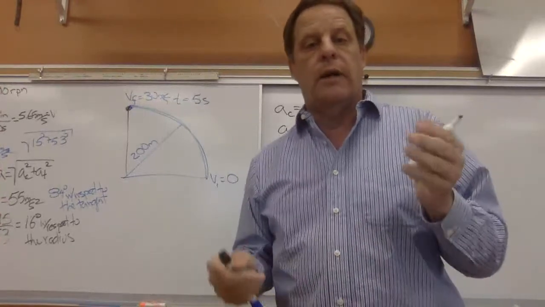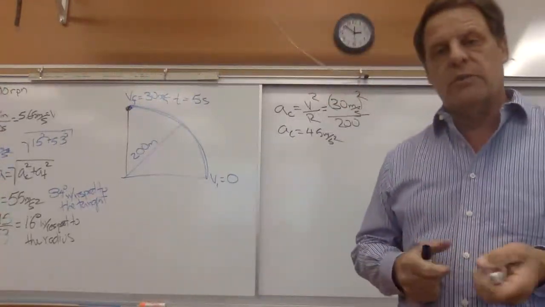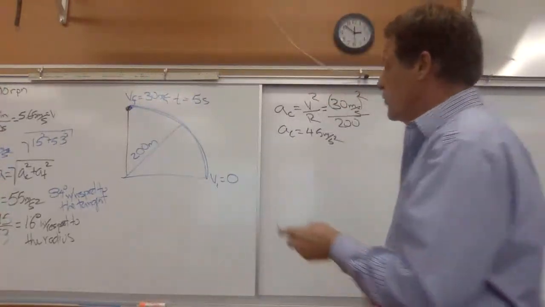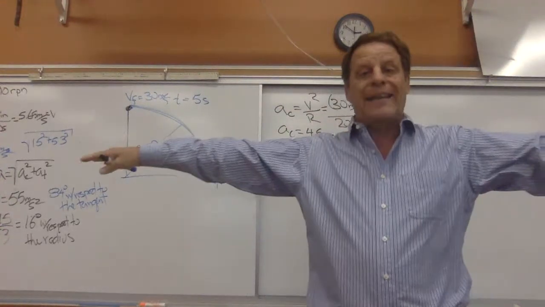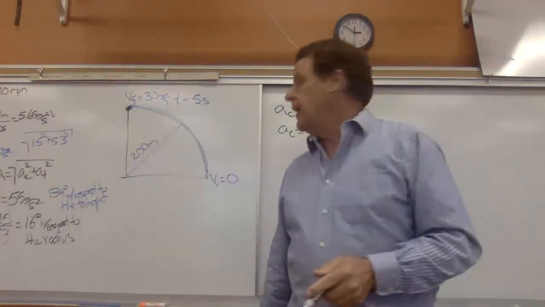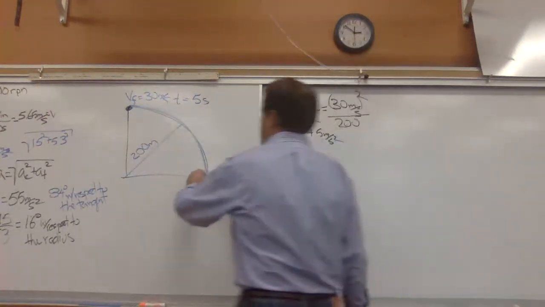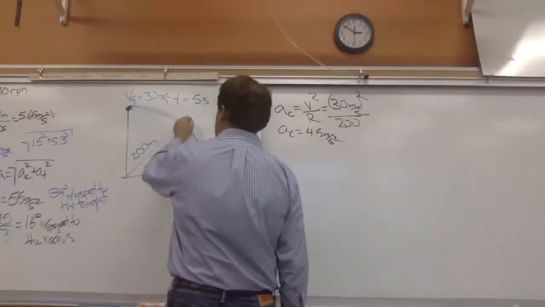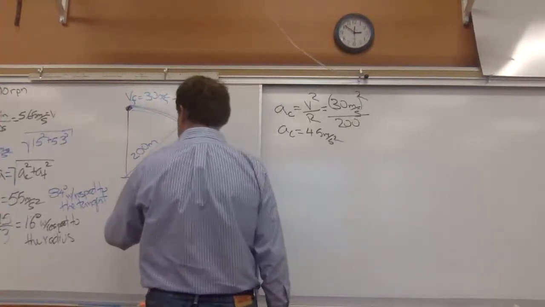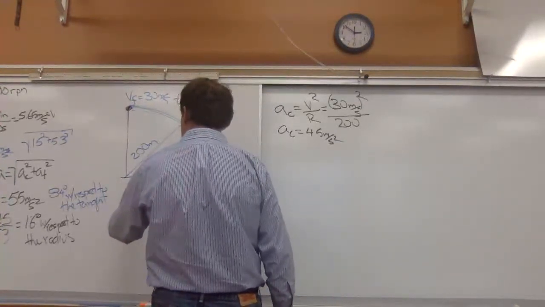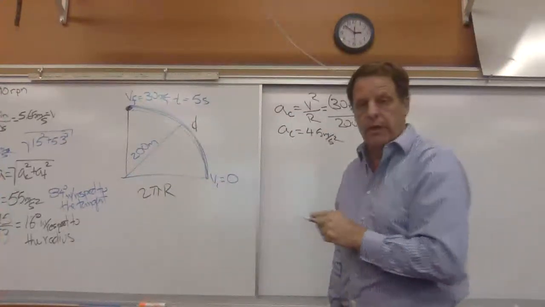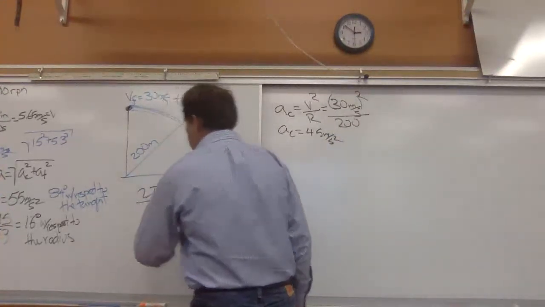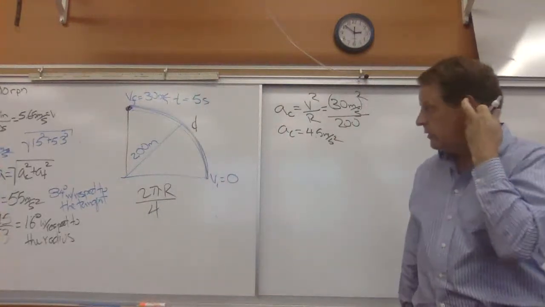Now, to determine the tangential acceleration, think of this curve as just a flat line, okay? This distance all the way around would be equal to 2 pi r, but we're only going 1/4 of the way around.